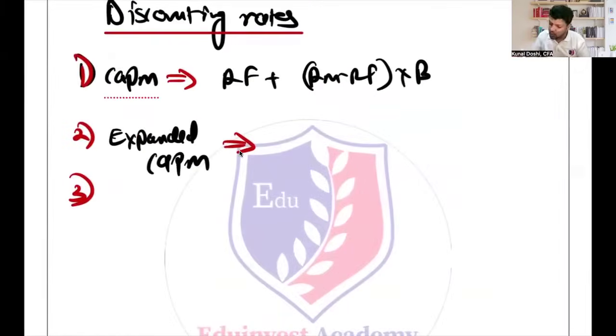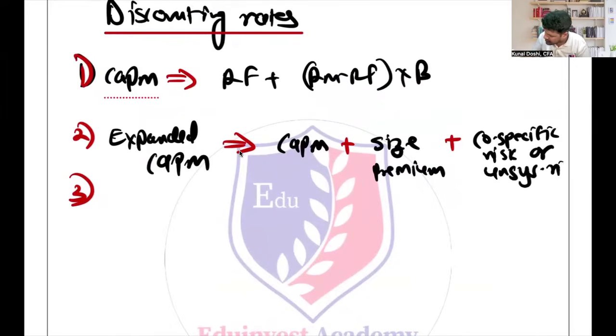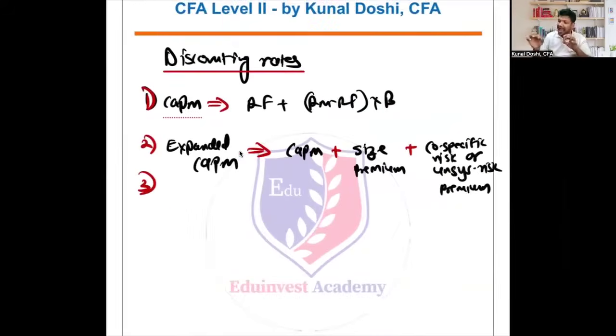So it does take the original CAPM into consideration. Plus we add two types of premium: premium for the size and company specific risk, or so called unsystematic risk premium. These two we add when it comes to the discounting rate of a private company.